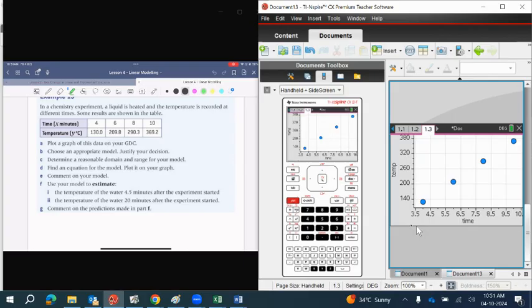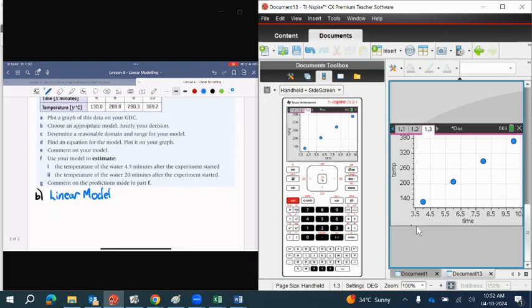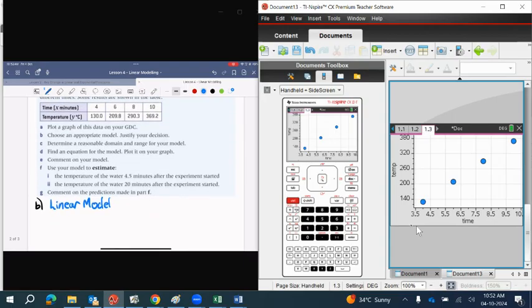The first thing we're asked to do is to choose the appropriate model in B. The appropriate model for this one would be that it is linear. It's a linear model. Why is it linear? If we look at the dots, we see we have a constant change in y for equal length input values.